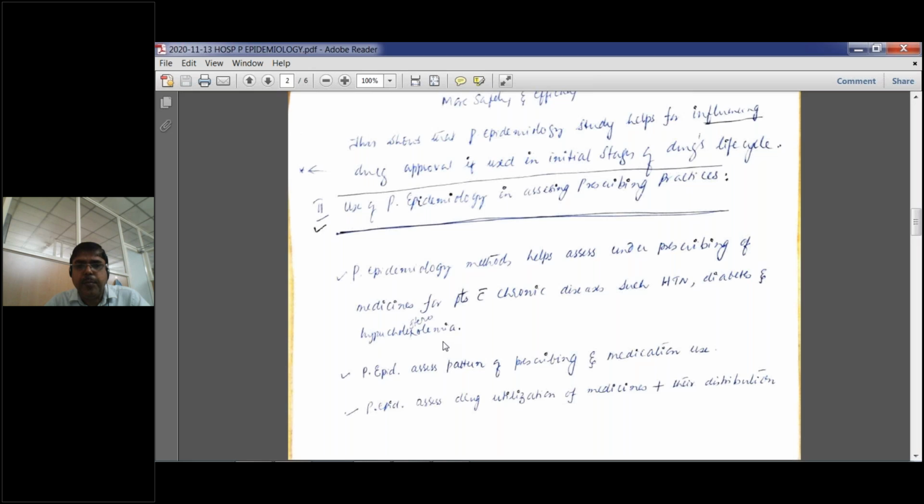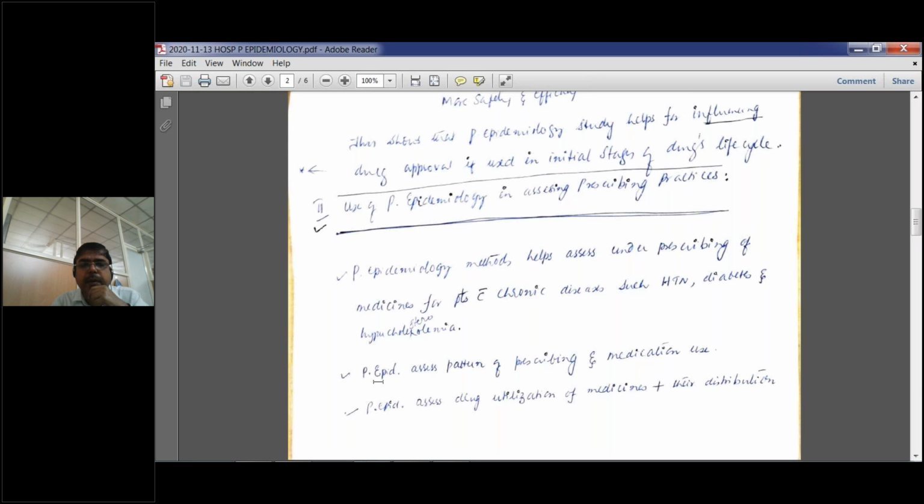Now, as we have already understood, doctors may not follow the evidence or the guidelines available for prescribing medicines. So pharmacoepidemiology helps to assess whether the doctors are prescribing medicines, especially for chronic diseases, using recommended guidelines or evidence. So that is the use of pharmacoepidemiology in assessing prescribing practices.